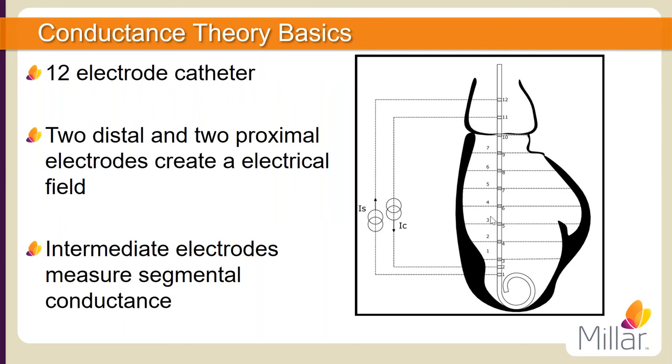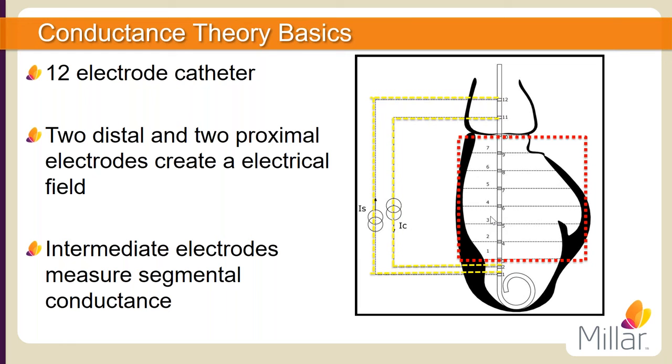To measure conductance in the ventricle, the pressure volume catheter utilizes 12 electrodes positioned on the long axis of the ventricle. A high frequency, low amplitude constant current is passed through electrode pairs 1 and 12 and 2 and 11 to create a local electric field between the pairs.